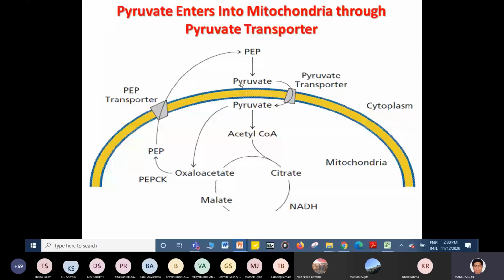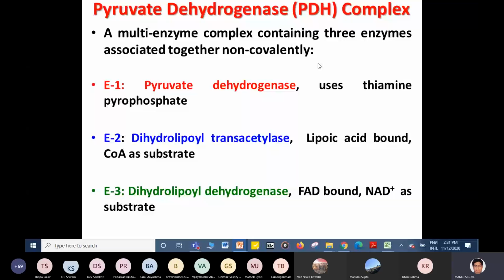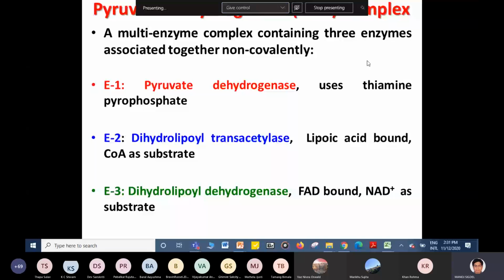Pyruvate dehydrogenase is an enzyme, and we say pyruvate dehydrogenase complex because it is a complex. It is a multi-enzyme complex containing 3 enzymes associated together non-covalently. That means the pyruvate dehydrogenase complex is a protein molecule which catalyzes 3 different reactions. That means 3 different activities are present on the same protein.